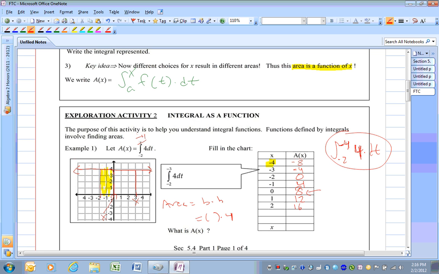Heck, I could put x right here. So you want to take the difference of the x coordinates for the base, right? So your base will always equal x minus negative 2, right? Which becomes what? x plus 2.